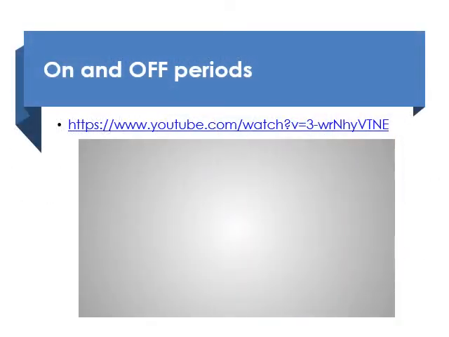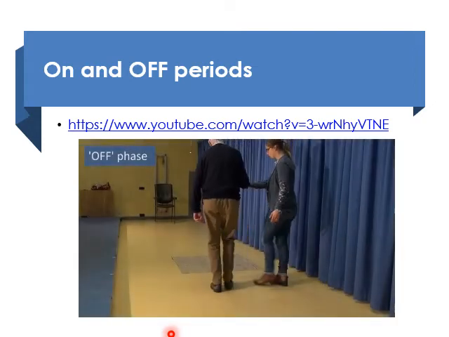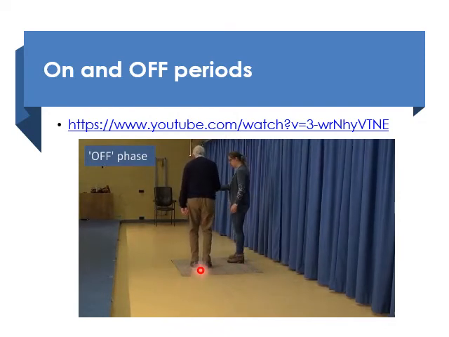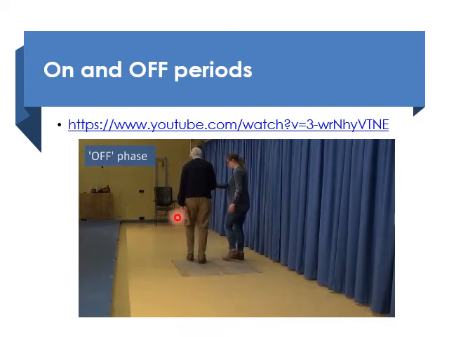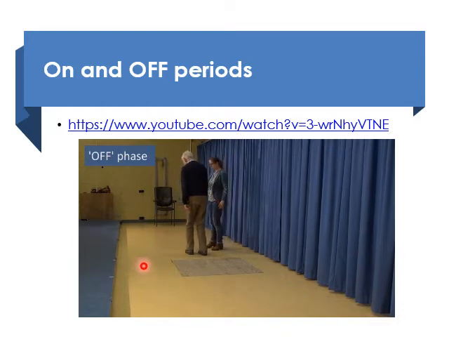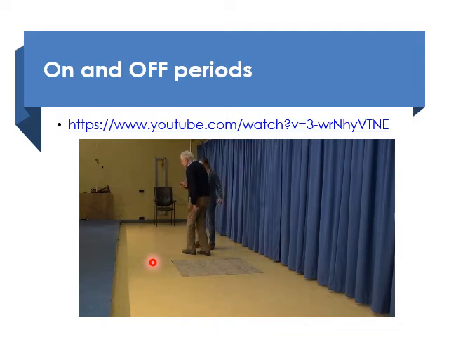This video shows the walking pattern of a person with Parkinson's during the on and the off phase. During the off phase, we see a typical Parkinson's walking pattern with a very narrow base of support as well as reduced arm swing, and there's freezing of gait during straight path walking. We also see freezing of gait during turning. We also noticed a stooped posture of the patient with bent knees.